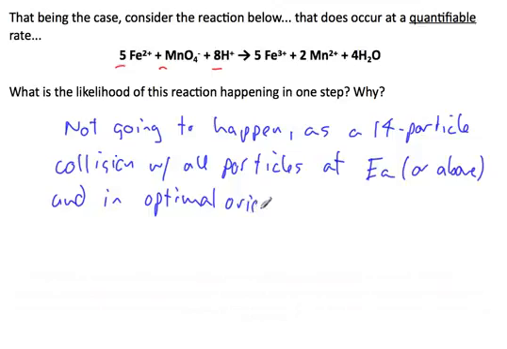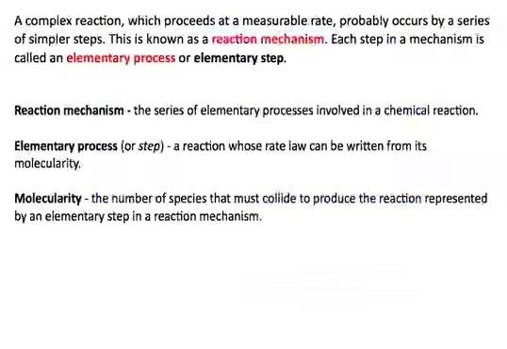And I think you would agree that to have that all come together at once, 14 particles with their electron clouds interacting in optimal orientation with sufficient energy, the likelihood of that is very, very low. Certainly not at an appreciable rate, at appreciable speed. It may happen, but it's going to happen so infrequently that the rate of reaction would be exceptionally low. So this is really what reaction mechanisms are all about.